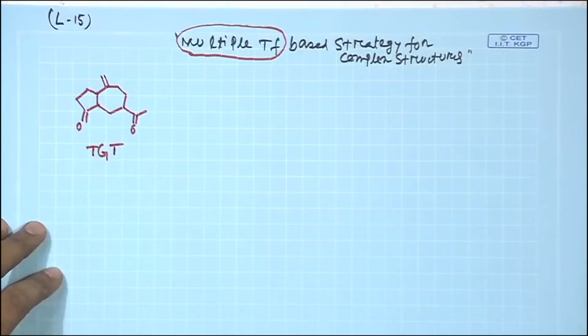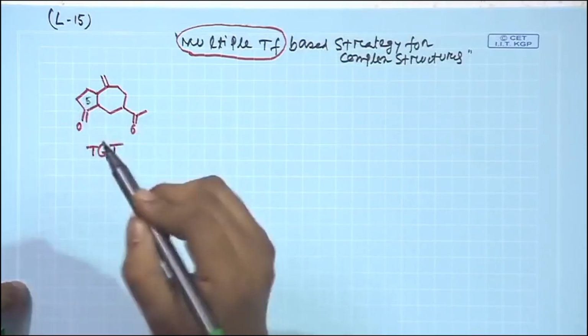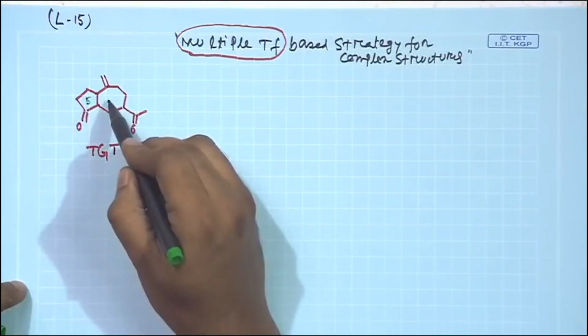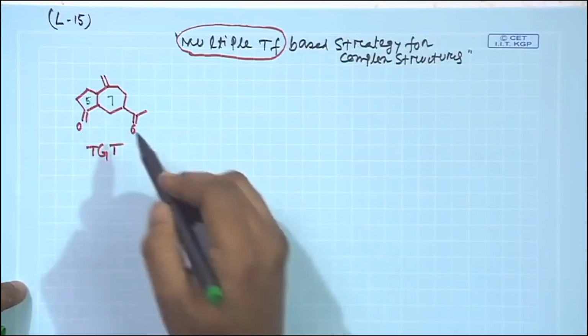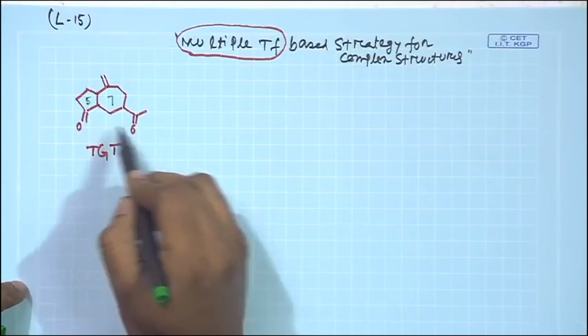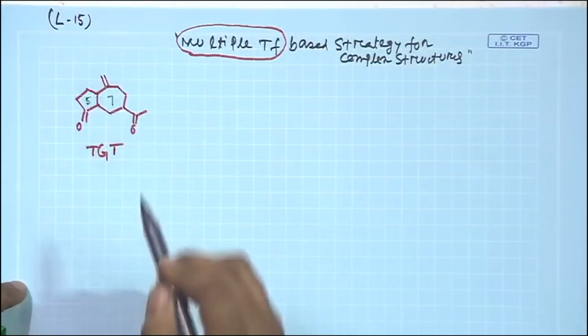You see the structure and try to figure out what functional groups are available here. The 5-member ring on the left hand side, the 7-member ring 1, 2, 3, 4, 5, 6, 7, and then you have 2 carbonyl functional groups as well as an exocyclic methylene.